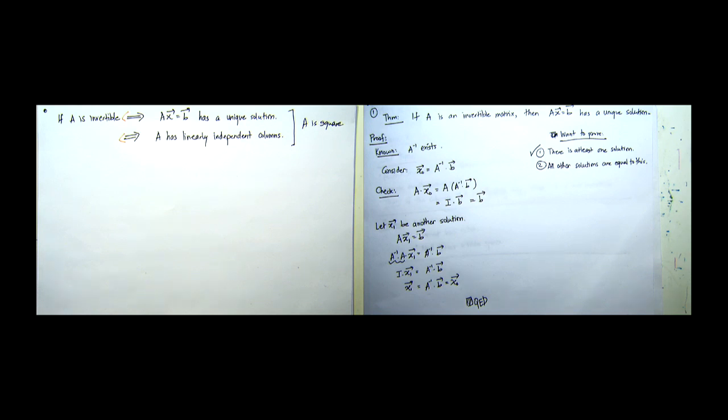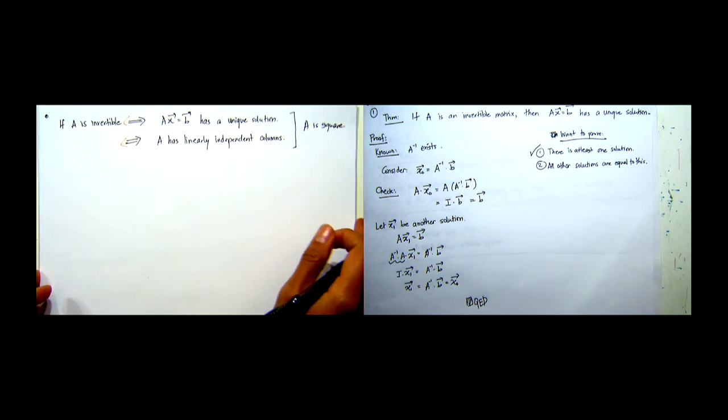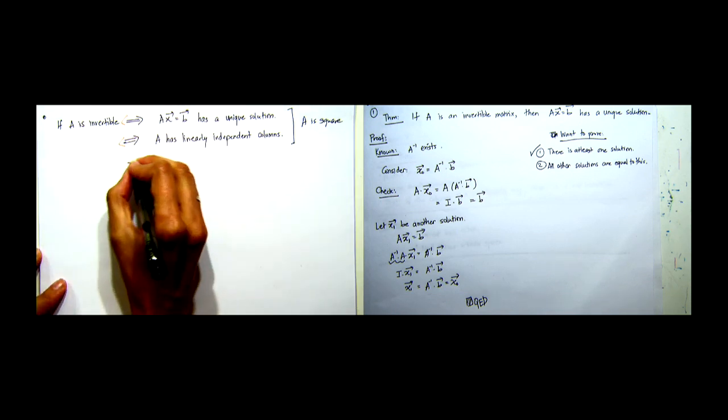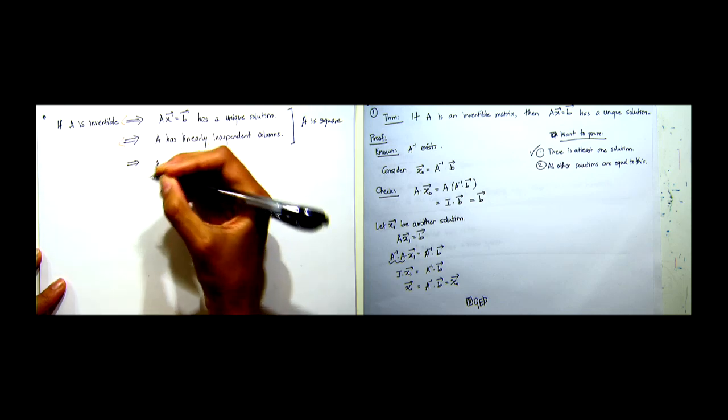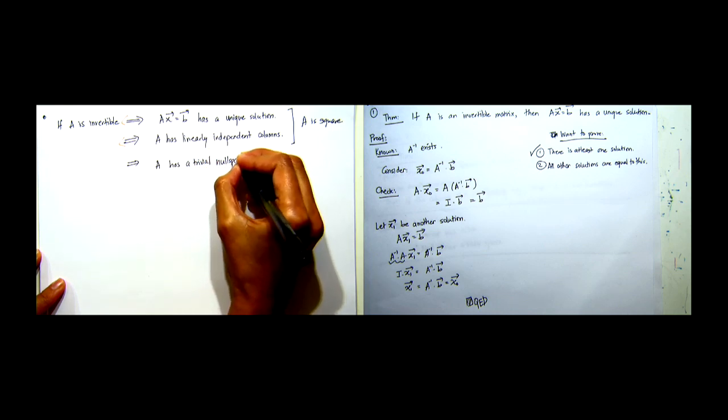Okay, we're also going to now show that this invertibility and linear dependence and independence are connected to what we call null spaces. And we will see that this is also saying that A has a trivial null space.